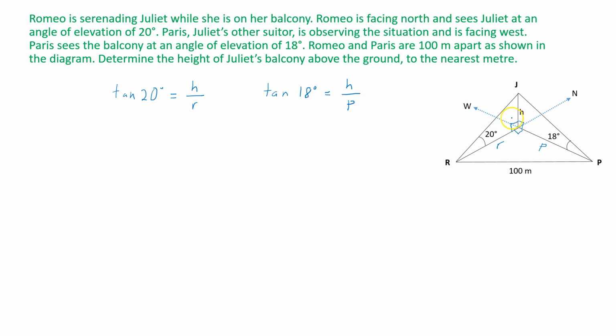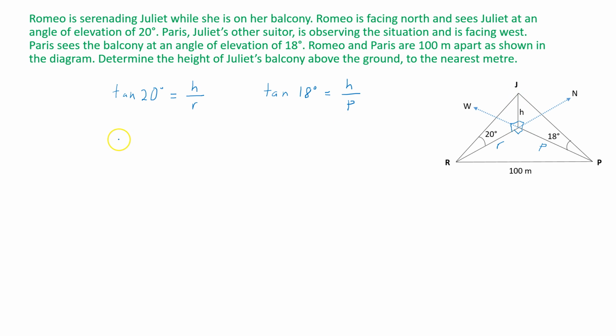Okay, so remember that the tan ratio is opposite over adjacent, so this side here is opposite to the angle, and this side is adjacent to the angle 20. And similarly here, this side is adjacent to angle 18, and this side, represented by h, is opposite to angle 18.